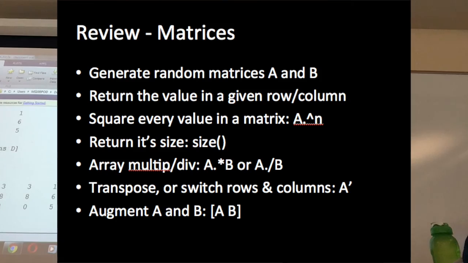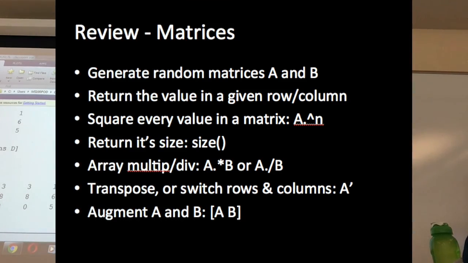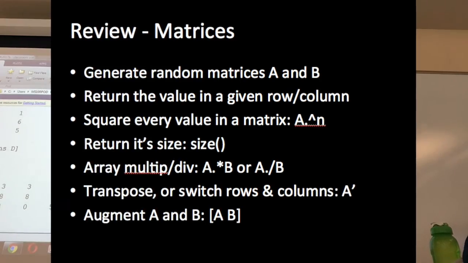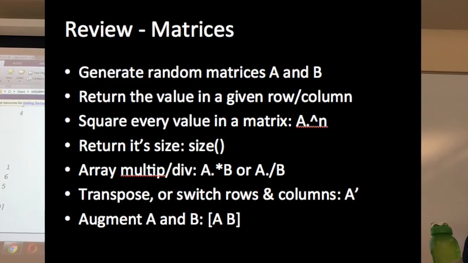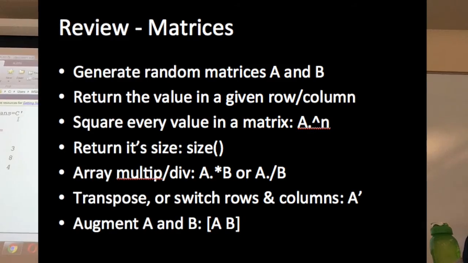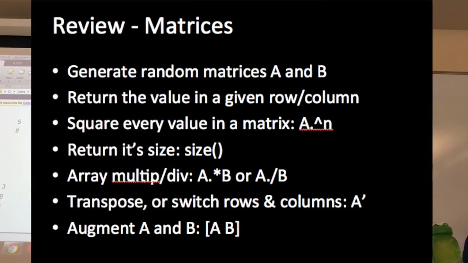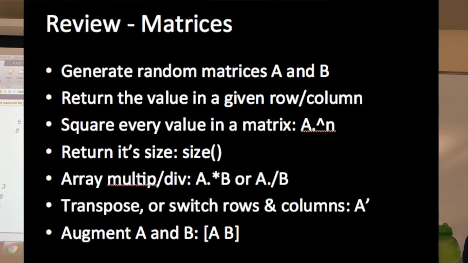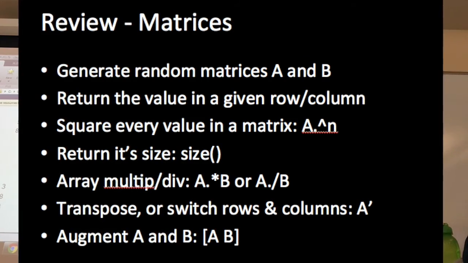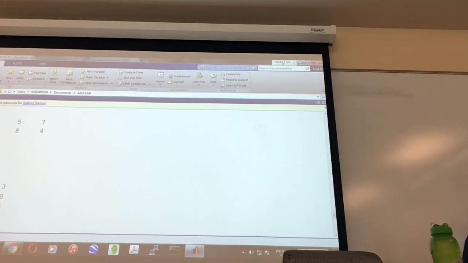So the C prime, that was the transpose of C. And then what is C trans? C trans is just the variable I named, because C prime, that prime mark is an operator. So at this point, that matrix just existed as the answer variable, and I wanted to assign it to a named variable.